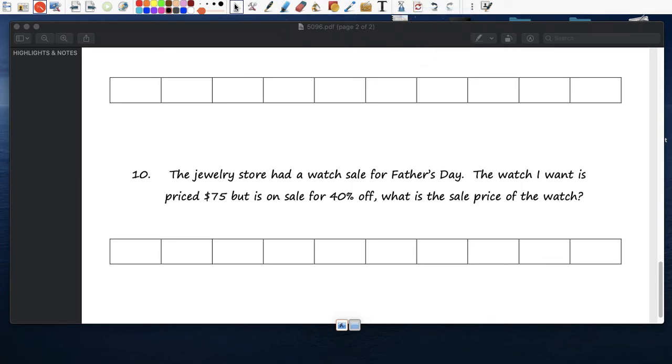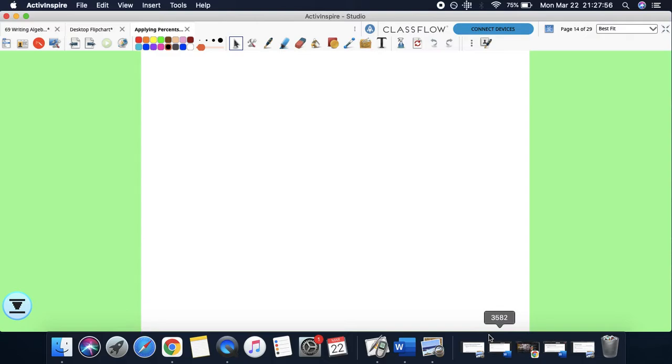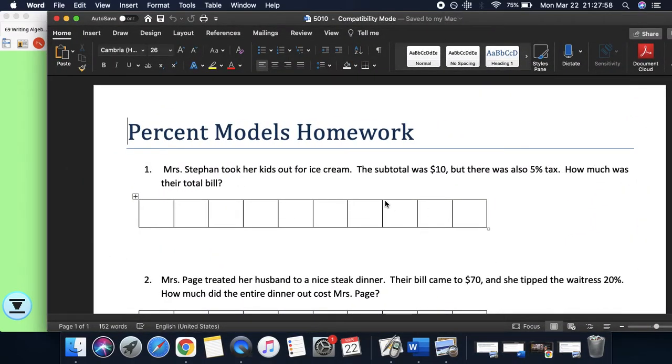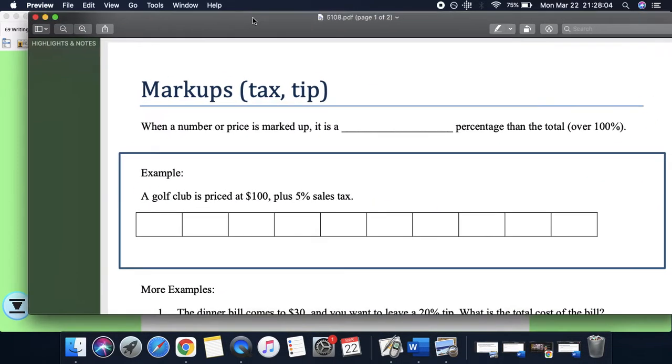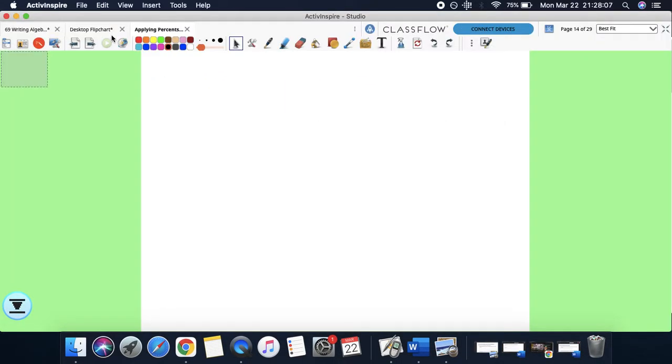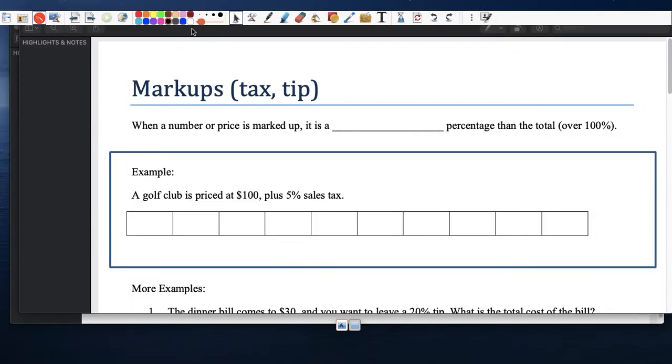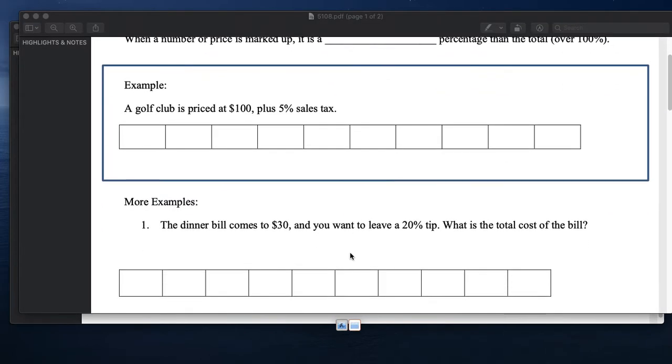Now, let me go back. Today we're doing this one, markups. Instead of a discount, it's a markup, meaning something is going to be added to your total. A good example of this is tax.